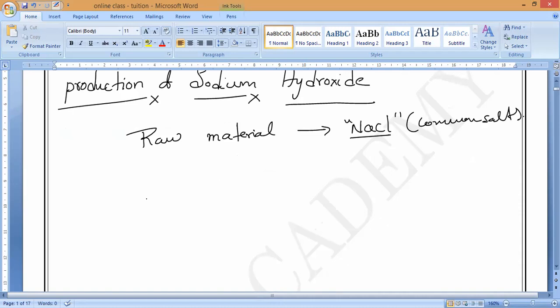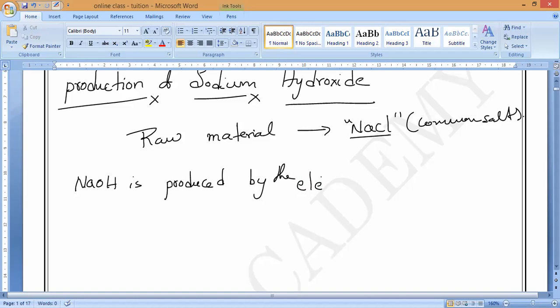So sodium hydroxide is produced by the electrolysis of concentrated aqueous solution of sodium chloride. That is what you have to remember. NaOH is produced by which process?